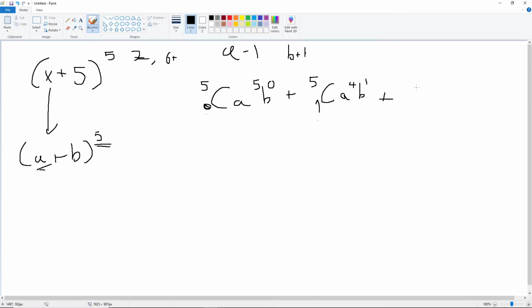So the next one would be C 5, 2, A cubed, B squared.